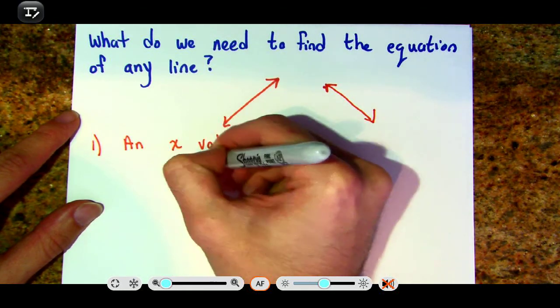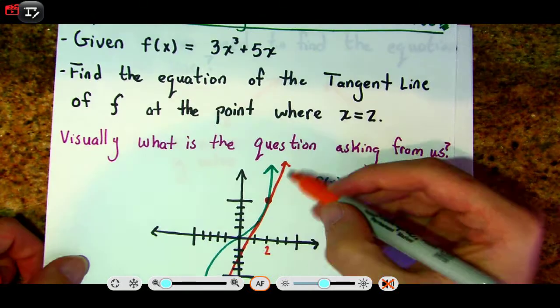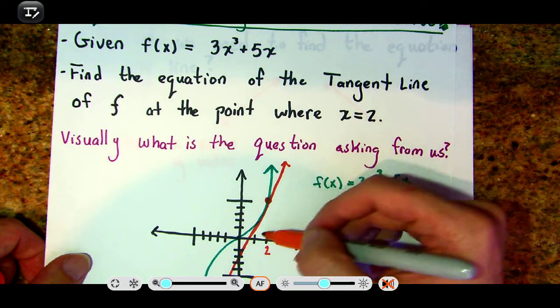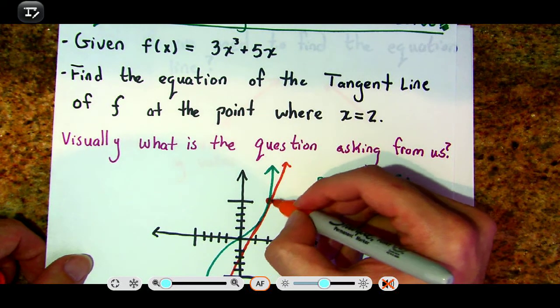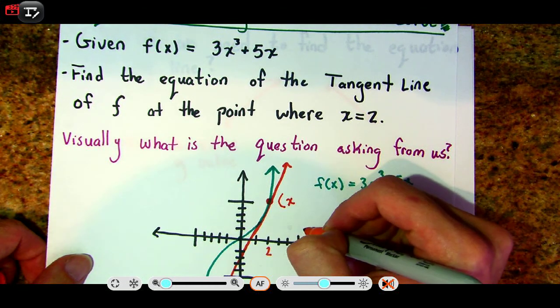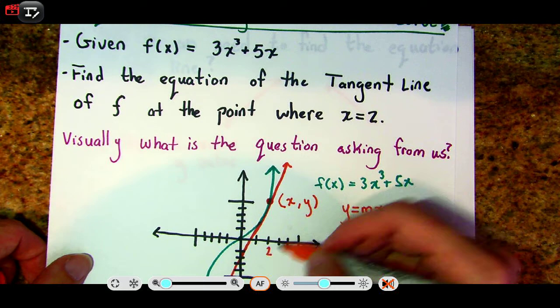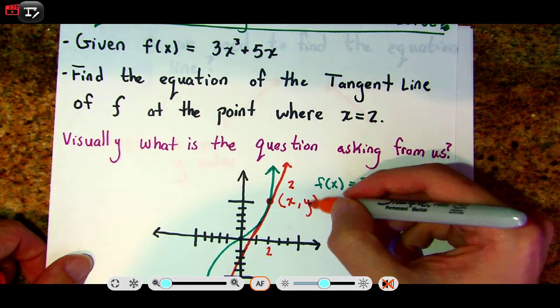What do we mean by the x value and the y value? For this line, there's that point of intersection with this graph. What is the x coordinate for this point? What is the y coordinate for this point? Notice we have the x coordinate, it's 2. Well then, how do you find that y coordinate? So that's one thing we need.